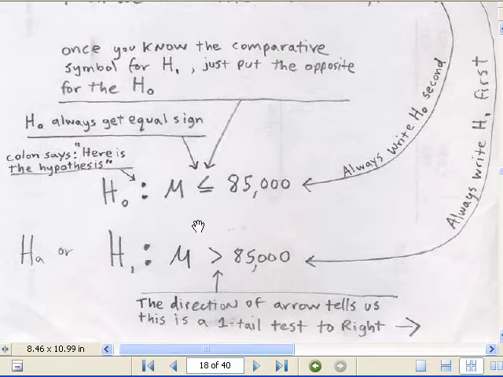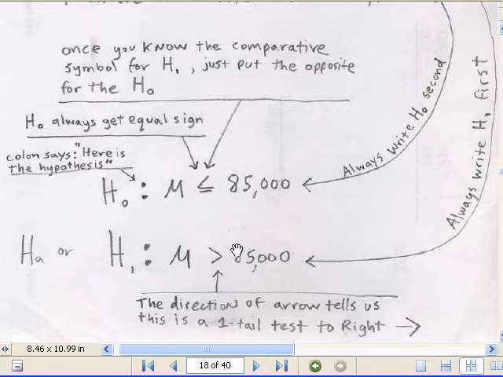So you just draw that greater than symbol right there, and you write H sub A or 1, colon, mu, and the 85,000. And the only tricky part is this. In the last video we saw how we actually wrote all of this other stuff first, left the operators empty, looked at the question, and then filled these in second after writing the details on either end.